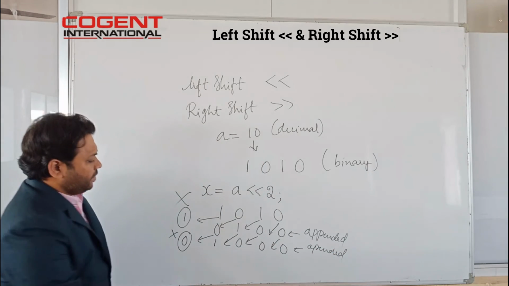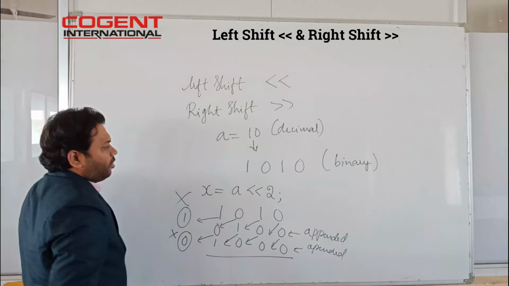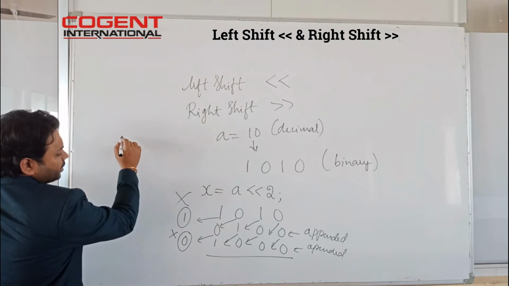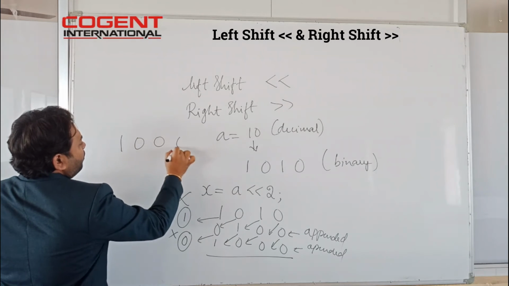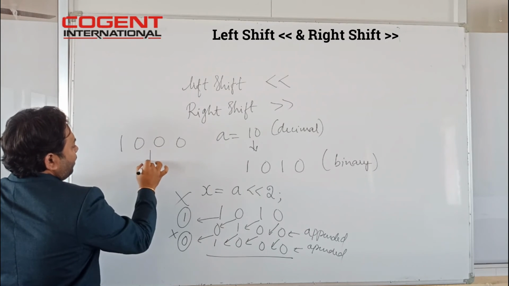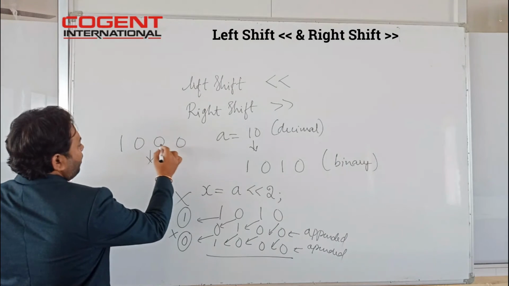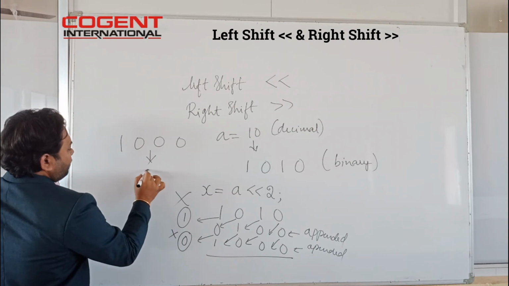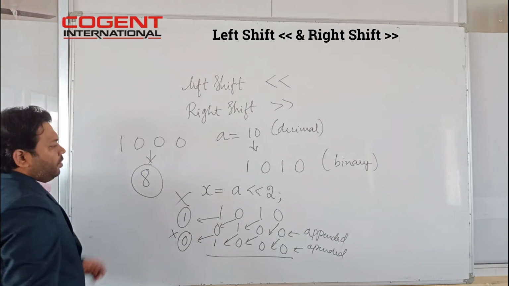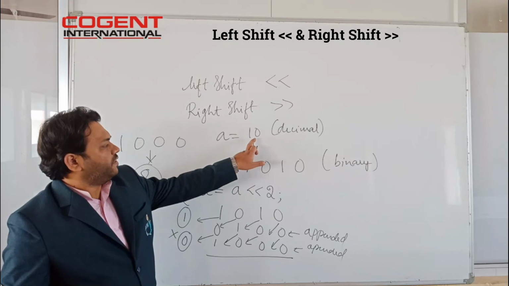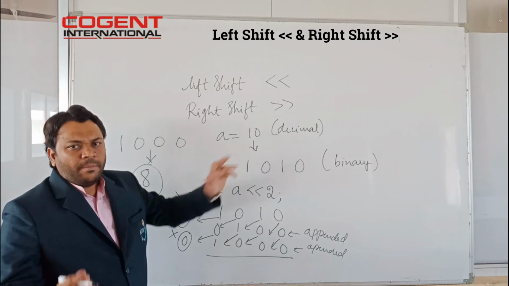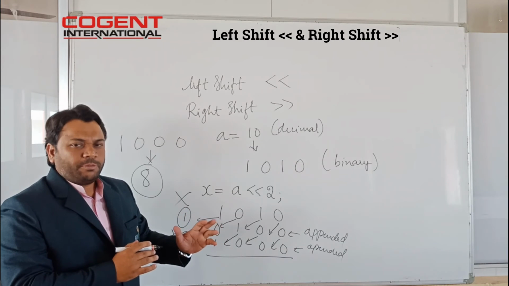Getting my point? So the output I am getting is 1 0 0 0 in binary. If I convert it into decimal, I will get 8. That is, 8 is the output when I perform the left shift of the number by 2 times.